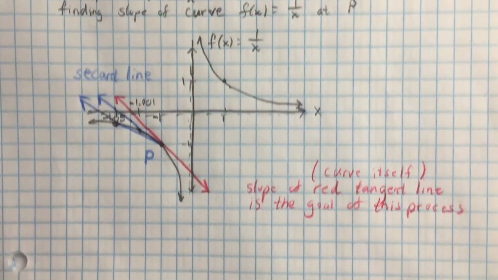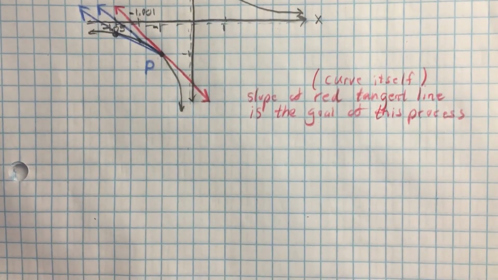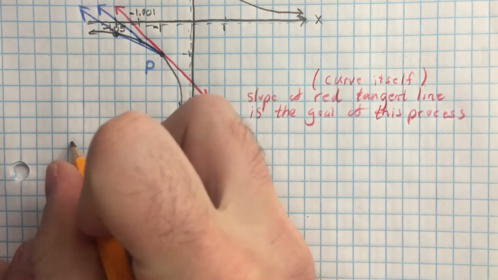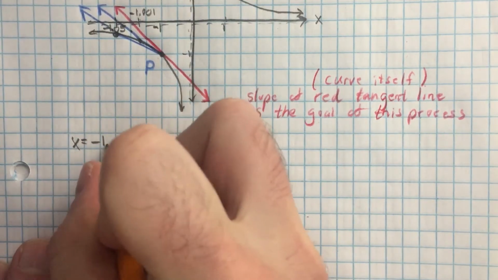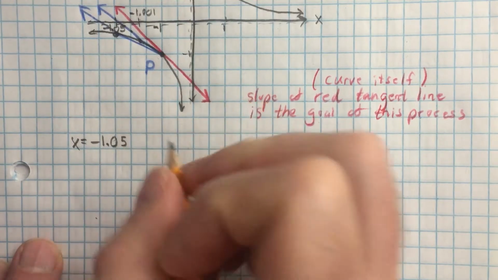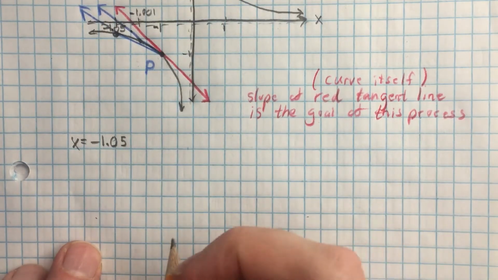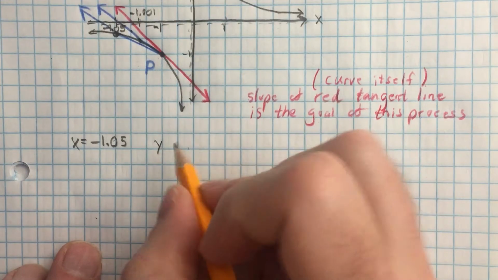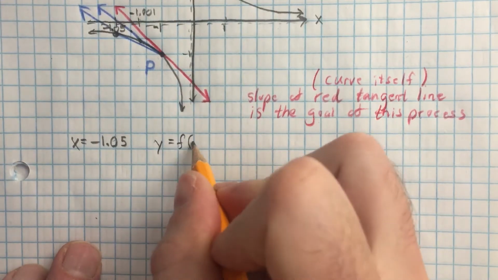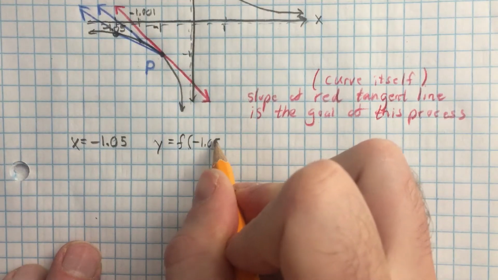So using the book's notation in their table, they have, for instance, x equals negative 1.05, the first value I chose. Then they have y. So y is obviously the function value when x is negative 1.05.